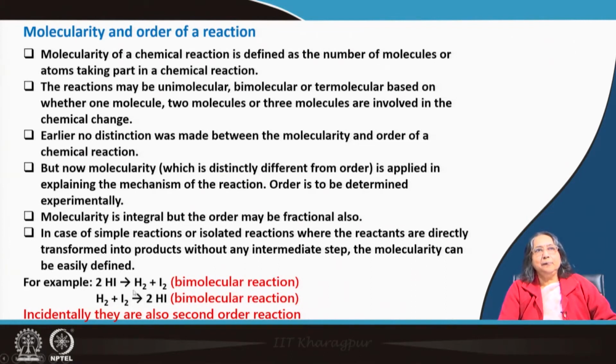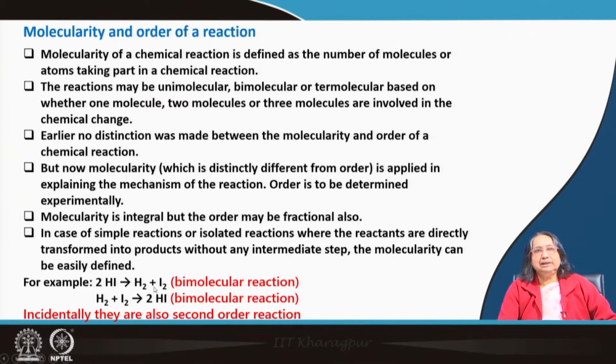For example, take the simple reaction of hydroiodic acid decomposition, where two molecules of hydroiodic acid produce one molecule of hydrogen and one molecule of iodine. Because this is 2, you can easily tell that this is a bimolecular reaction.